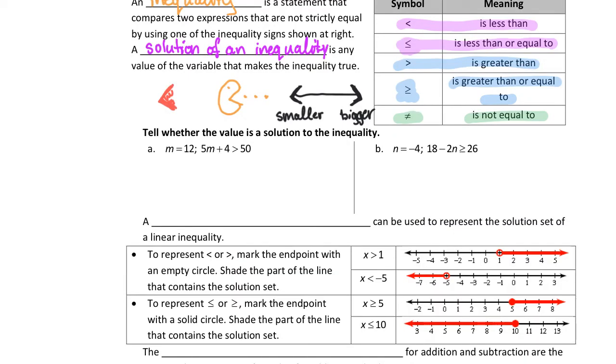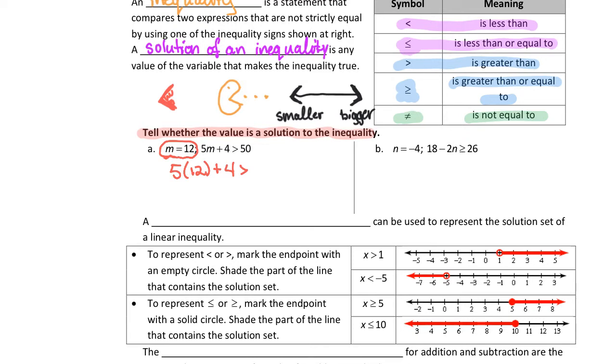So let's work on the next problems here. The directions say to tell whether the value is a solution to the inequality. So that means we're going to do substitution. It looks like we've got the value of m equals 12, and we're going to substitute that in. 5, replace the m with a 12, plus 4 is greater than, and I know it's greater than because it points to the right.